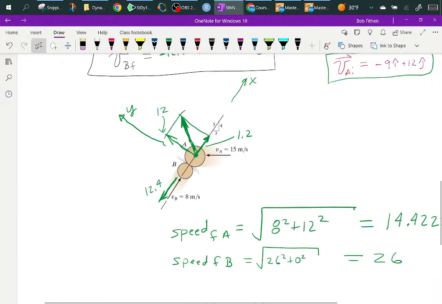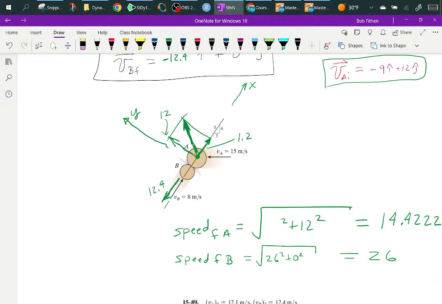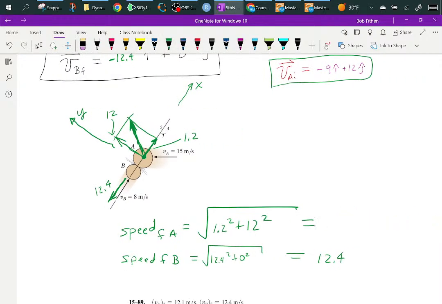So what do you get? You get 1.2, and over here you get 12.4. This will give you 12.4, and this will give you something besides what I've written there.